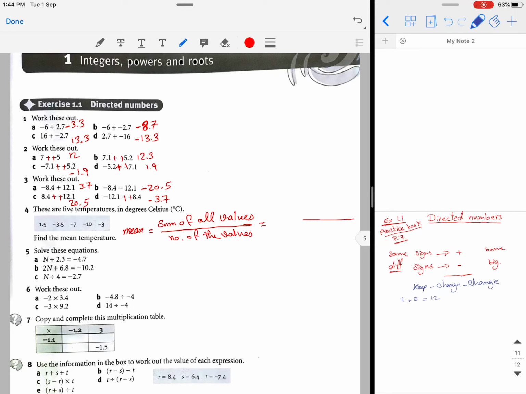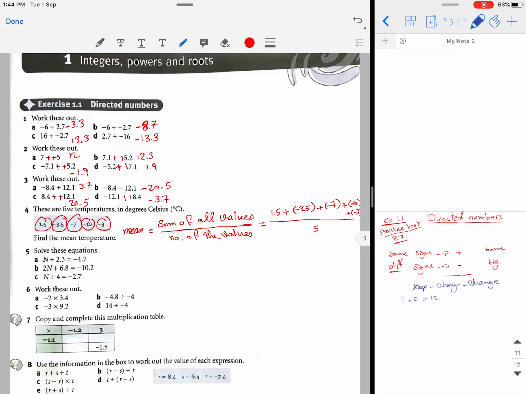So here let's add them. It's 1.5 plus negative 3.5 plus negative 7 plus negative 10 plus negative 3, all over 5, all divided by 5. Why 5? Because look, we have here 1, 2, 3, 4, 5 numbers.